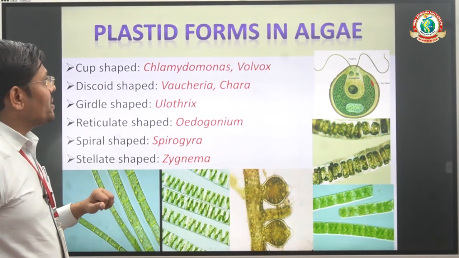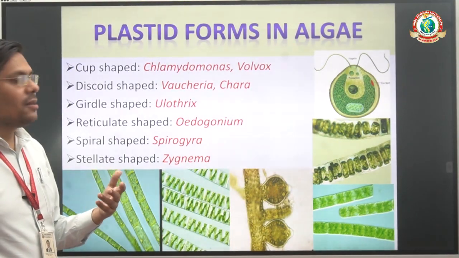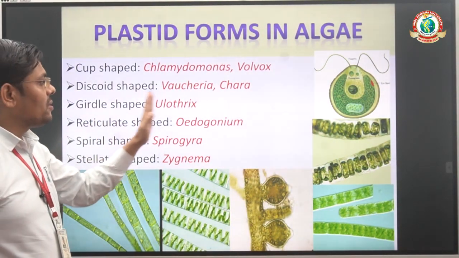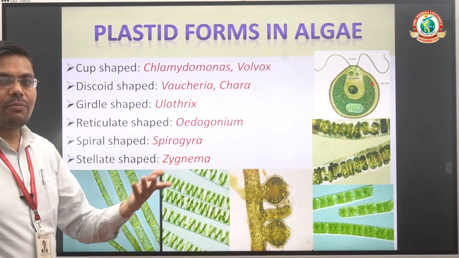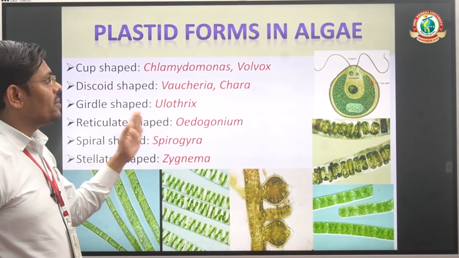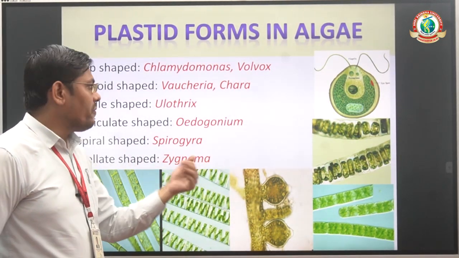Now, the plastid forms in algae. Different algae have different shapes and sizes of plastid. That is also a competitive exam question, which type of plastid forms in which class or which particular genus of algae.